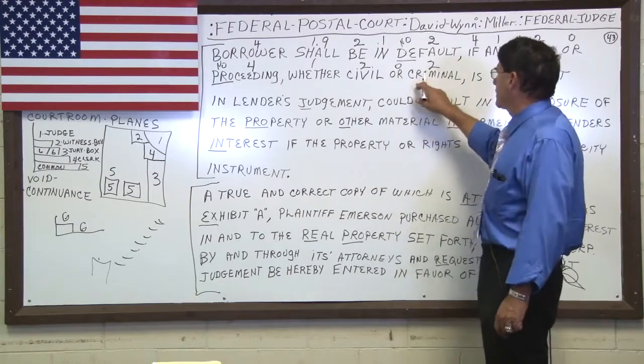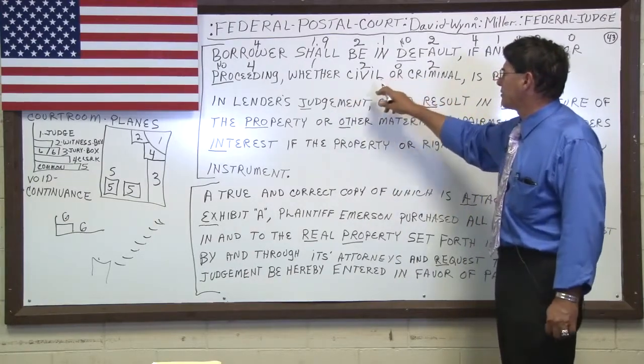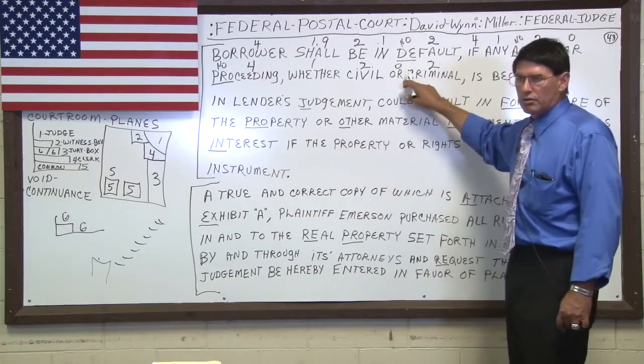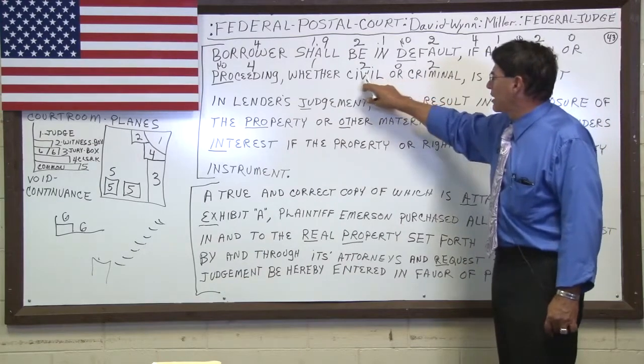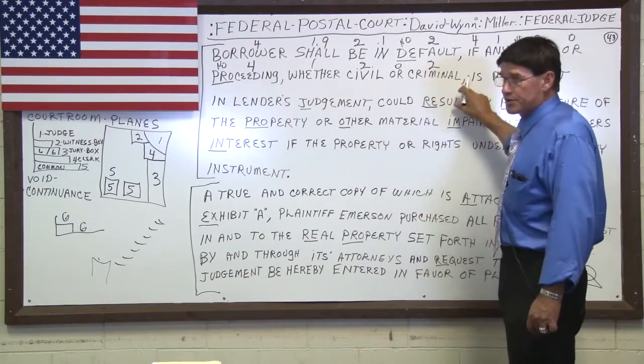Now the reason criminal here becomes civil, if we do whether criminal or civil, or whether civil or criminal, is that or becomes a neutral conjunction, so whatever number appears before it would normally appear after it if a comma is used.